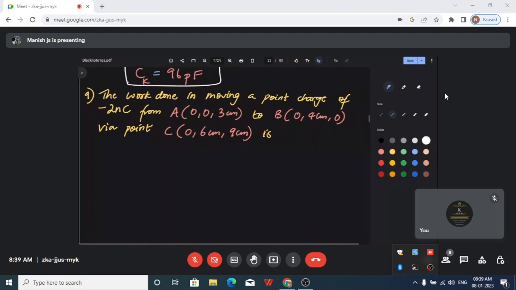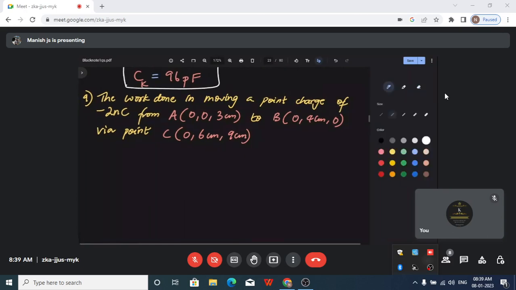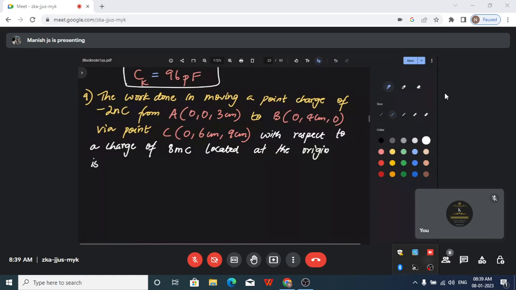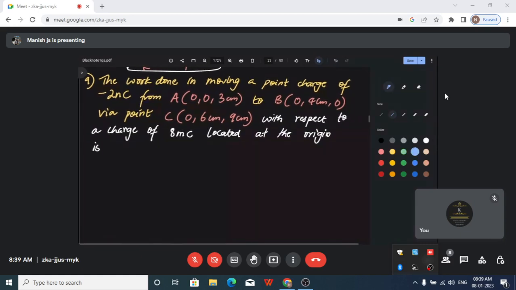Via point C, 0, 6 centimeters, 9 centimeters, with respect to a charge of 8 millicoulombs located at the origin.